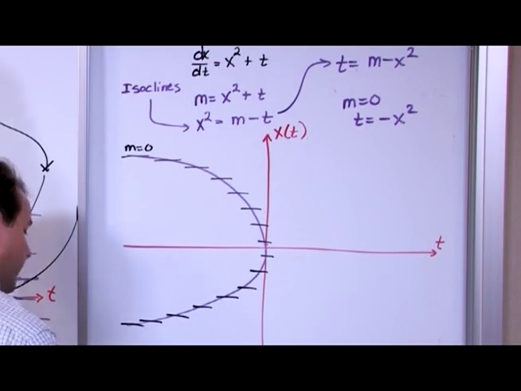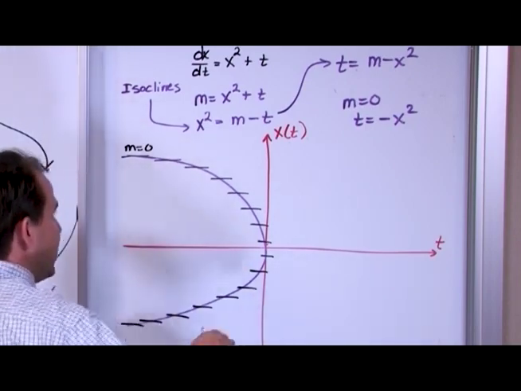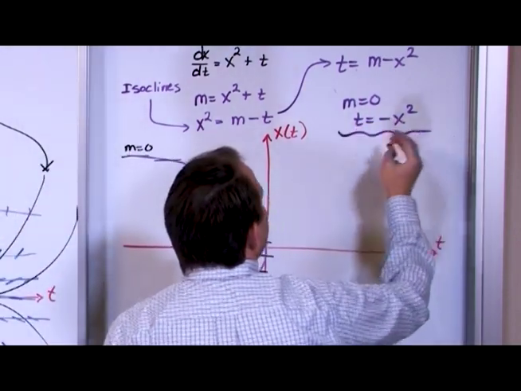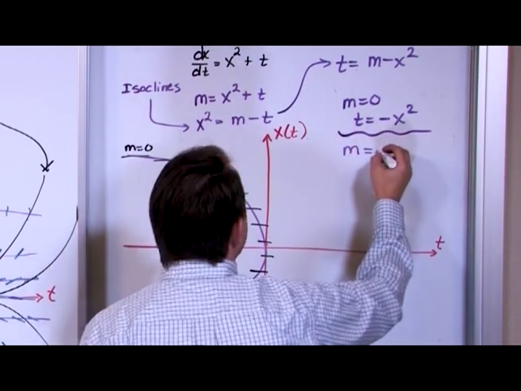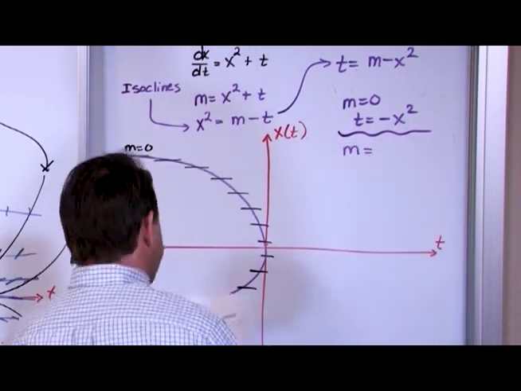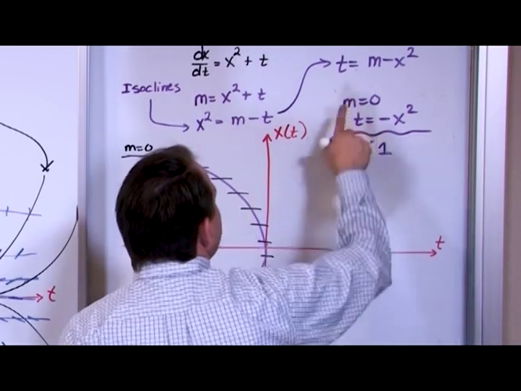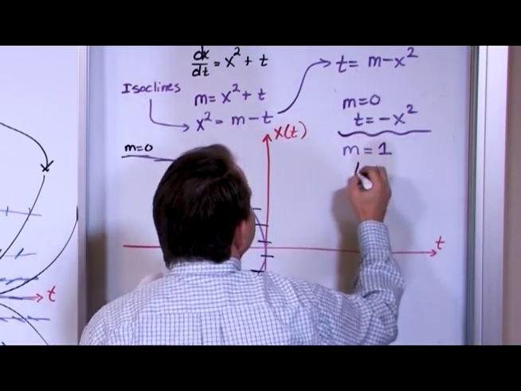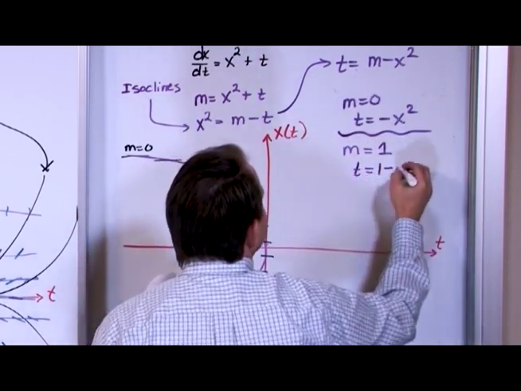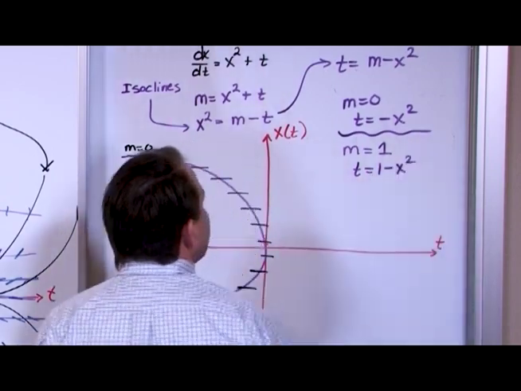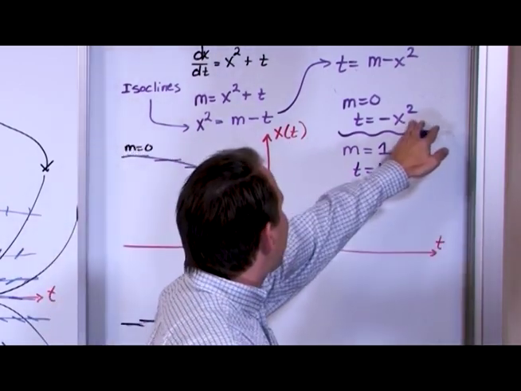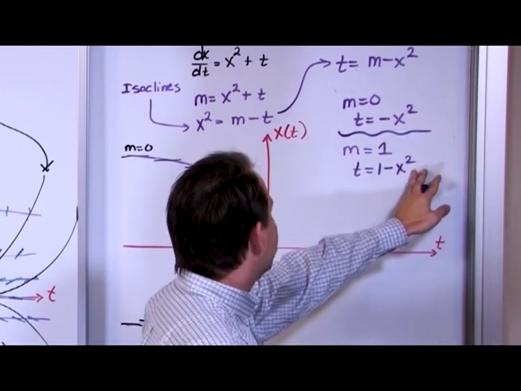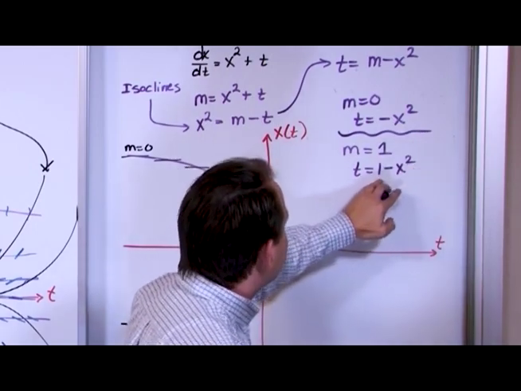Now what happens if I have a slope, an m, let's say, equal to 1. If I put m is equal to 1 in here, then t is equal to 1 minus x squared. In other words, it's exactly the same graph as I had before when m is equal to 0, except I have sort of a bias added to it.